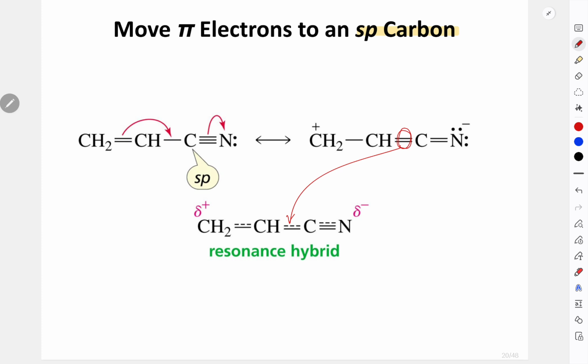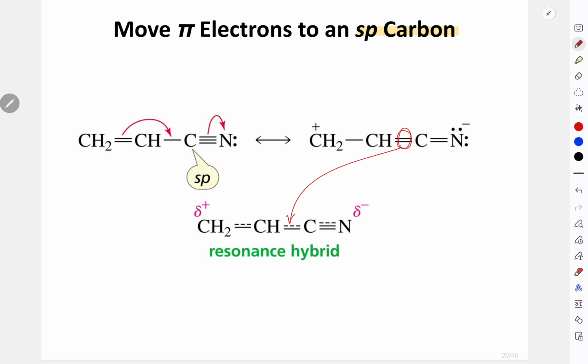Combining these two, contributor 1 and 2, you should be able to draw the resonance hybrid. The delta plus on this carbon is from the second contributor, delta minus from the second contributor as well, and you have to draw the partial bonding notation. In this case, you have a double bond from resonance contributor 1 and a single bond from contributor 2. And what about the middle one?